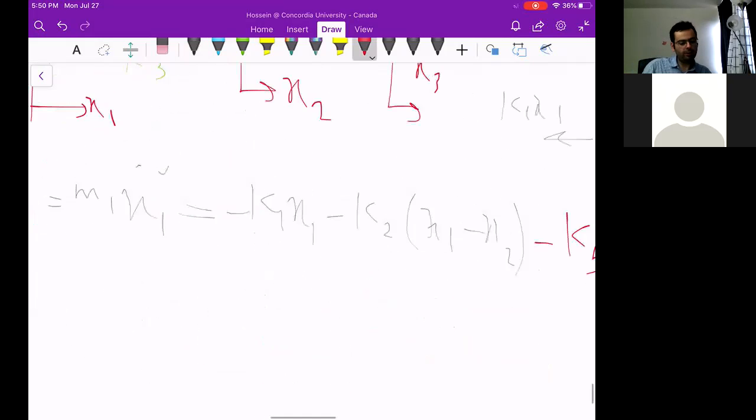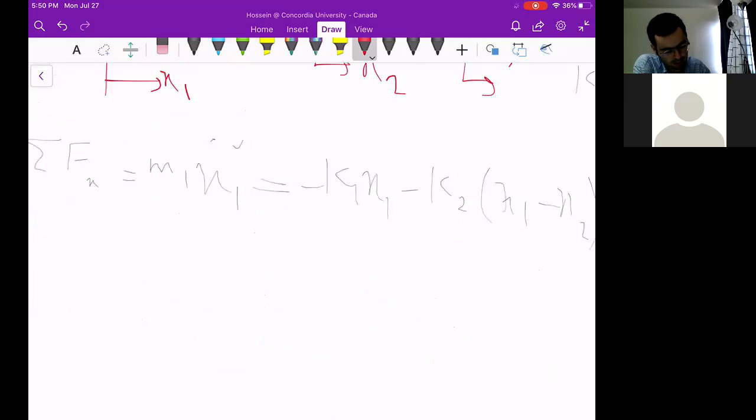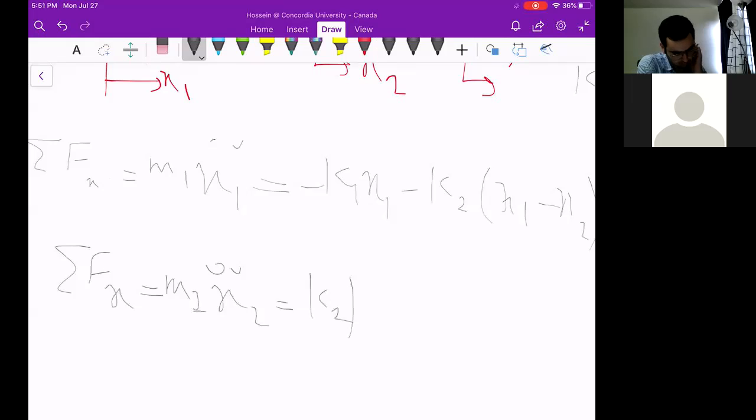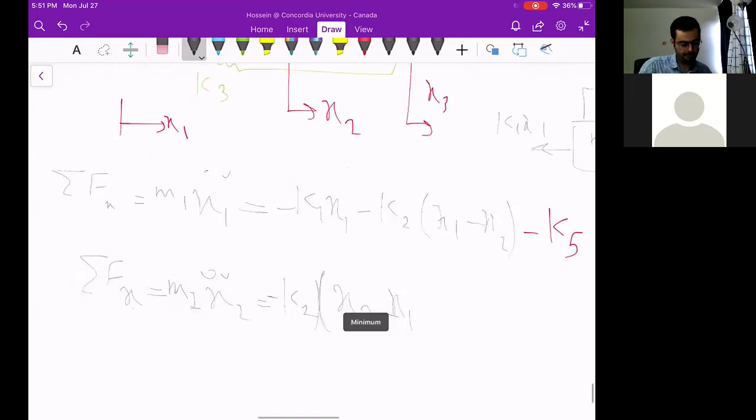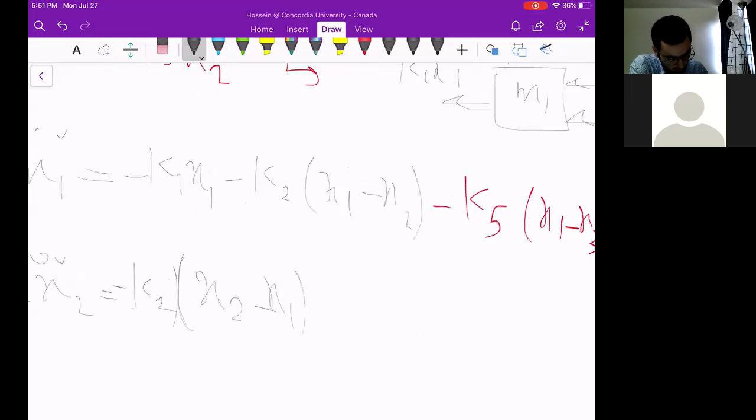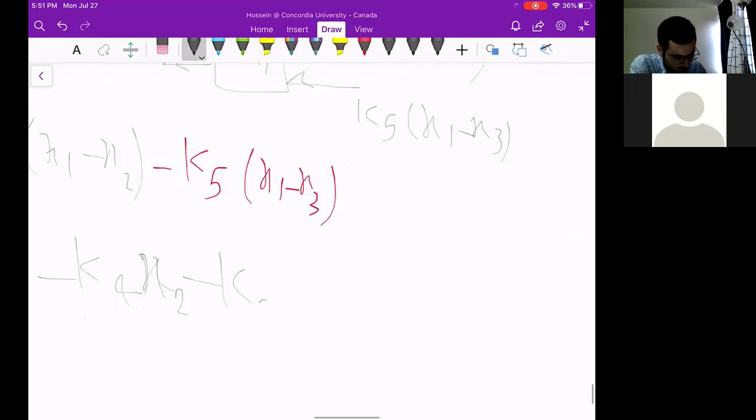Similarly, if you draw the free body diagram for mass 2 and mass 3, the second and third equations of motion would be: for mass 2, -K2 (X2 - X1) - K4 X2 - K3 (X2 - X3).